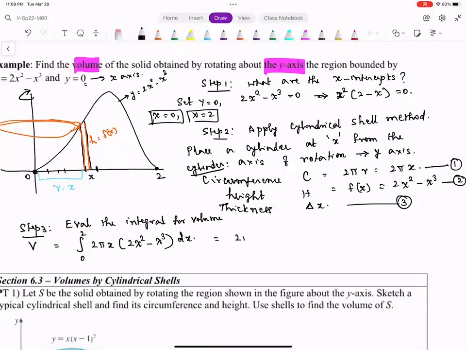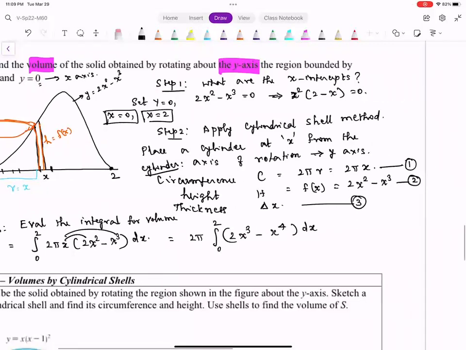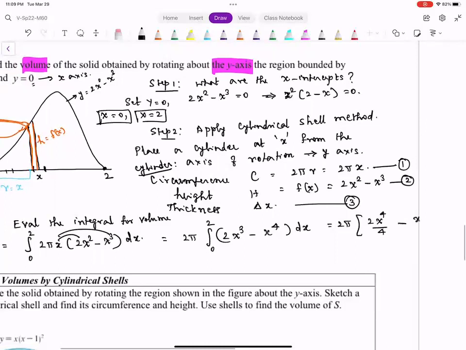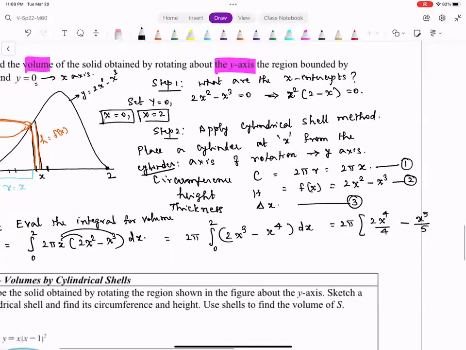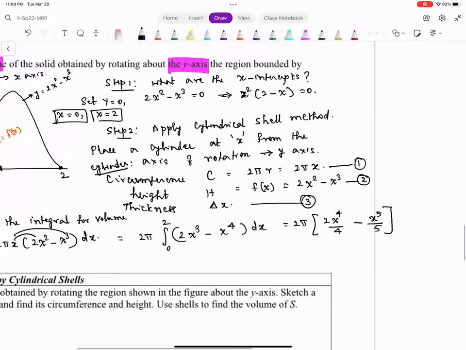So 2 pi can be taken out, integral 0 to 2. Now if you distribute the x here, it's 2x cubed minus x to the power 4 dx. So it will be 2 pi times the integral: 2x cubed integrates to 2x to the 4 over 4, minus x to the 5 over 5, between the limits 0 and 2.